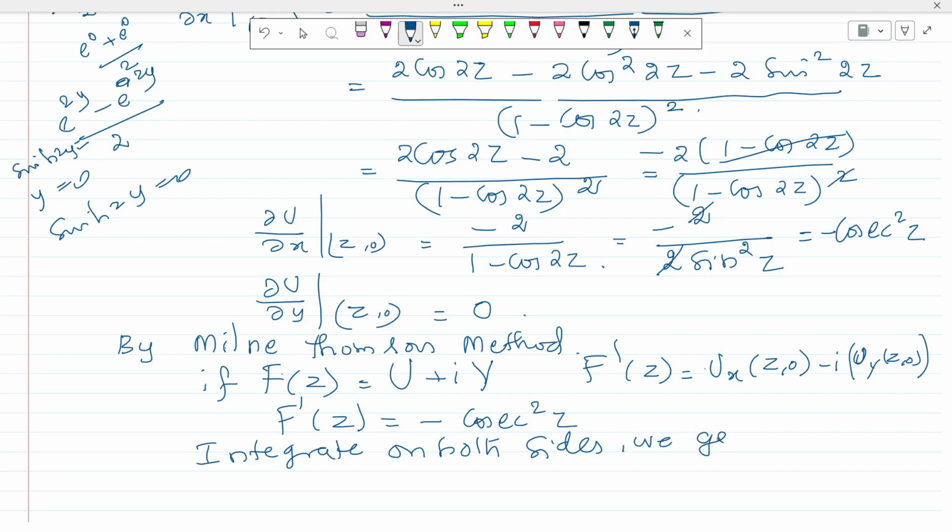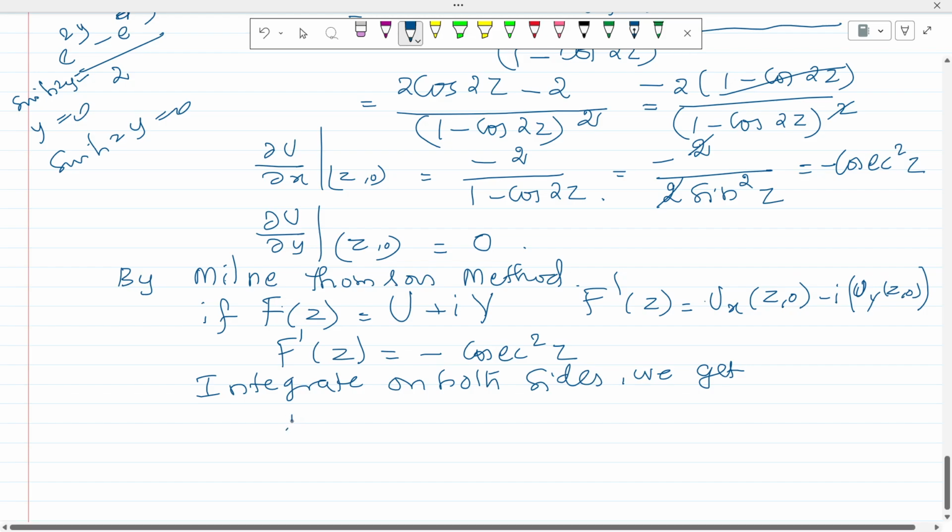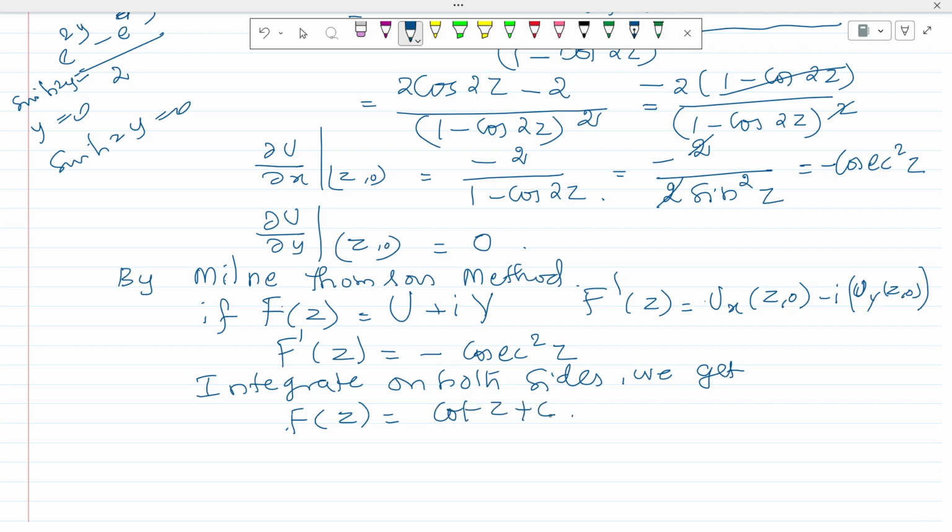Integrating on both sides, we get f of z equal to cot z plus c. The integration of minus cosecant square z is cot z, so cot z plus c. Now, what is capital F of z here?